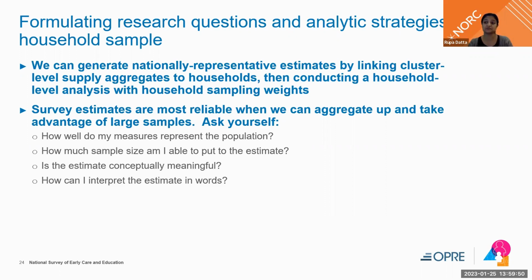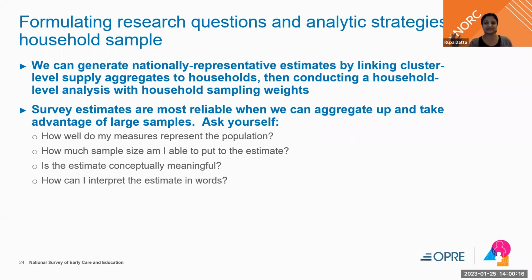The second question we think about is, how much sample size am I actually able to bring to this estimate? In some cases, we might have thousands of observations that we're using in a computation, and in some cases, we might have a handful, and that will affect the robustness of the estimate. Of course, we're concerned with whether the estimate would be conceptually meaningful or not.